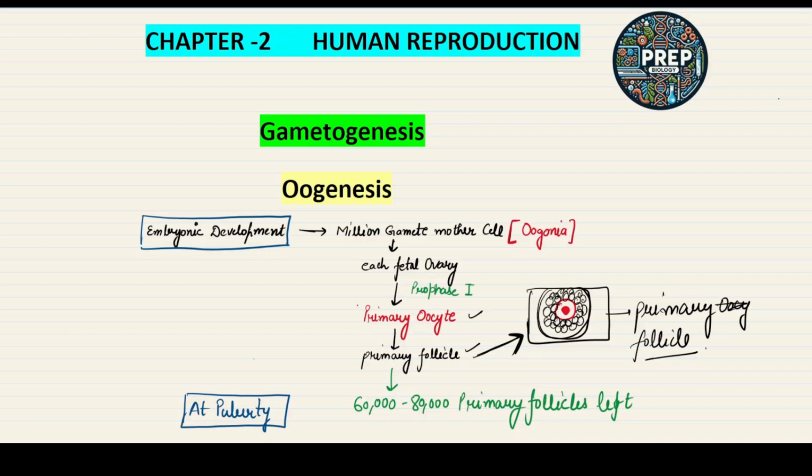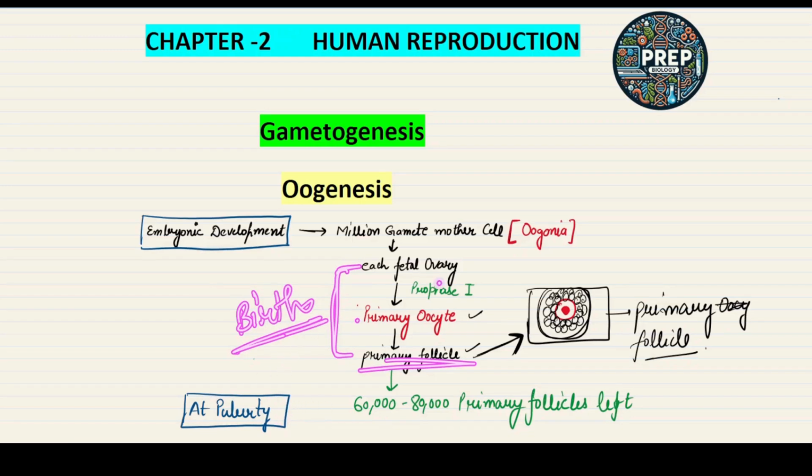Now, the embryonic development takes place in the fetal condition. The primary oocyte and primary follicle will form after the birth.